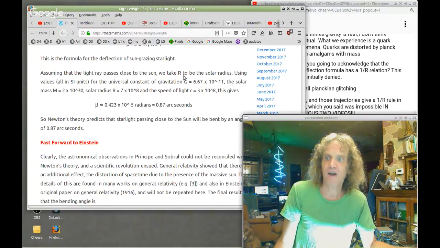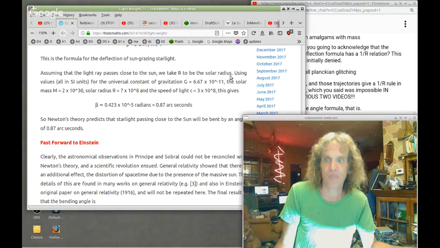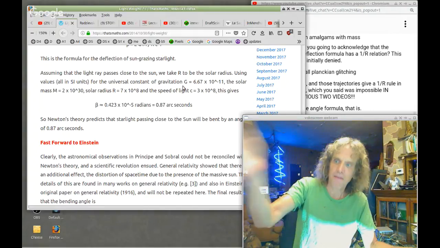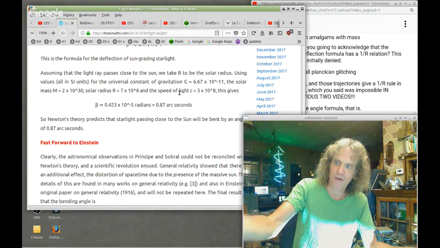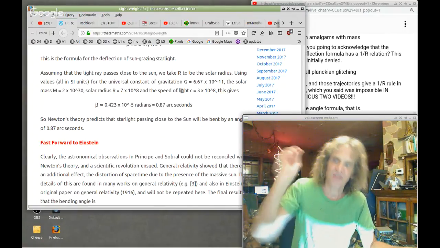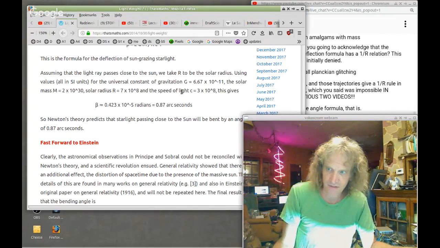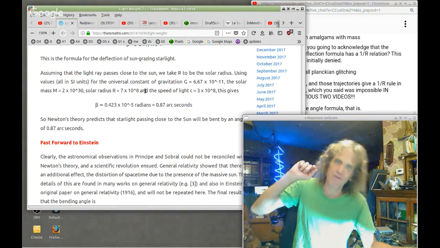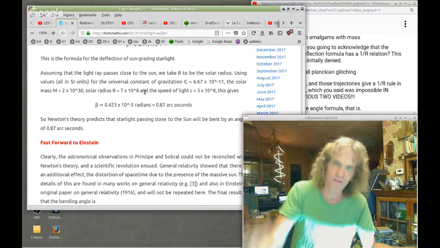We take R to be the solar radius. So they've taken R, the number they put in the equation, when they do the equation, they've taken 1 solar radius, which is the sun's surface. So this is how much deflection if the photon travels right against the surface of the sun.